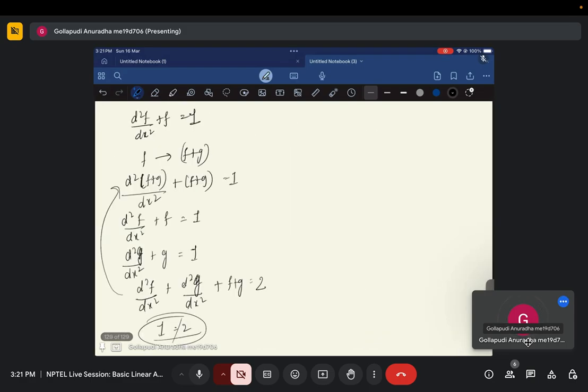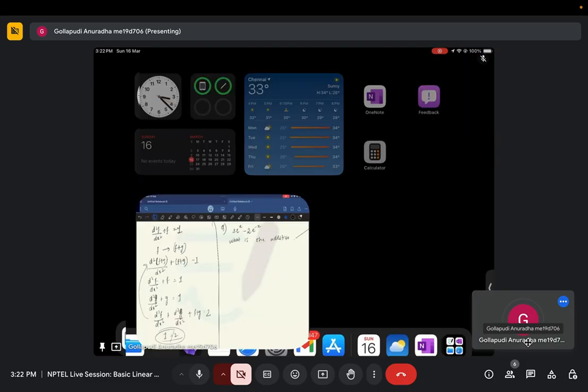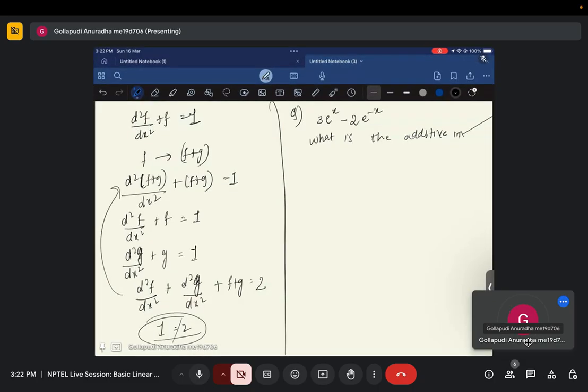Okay, take just a simple question. So you have a function 3e power x minus 2e power minus 6. Then what is the additive inverse of this? So what is the additive inverse?